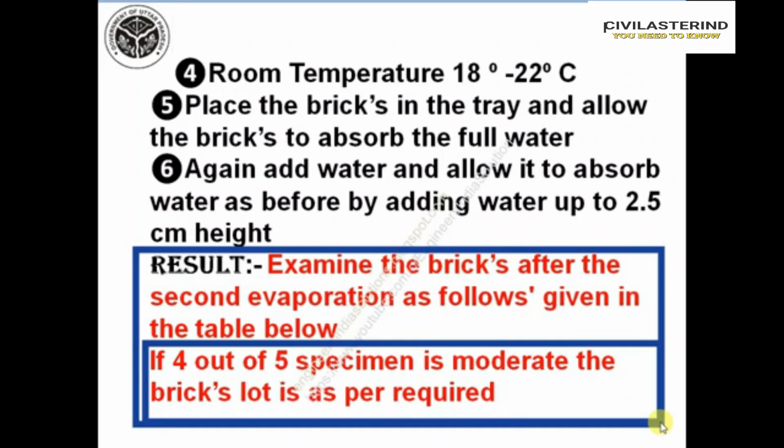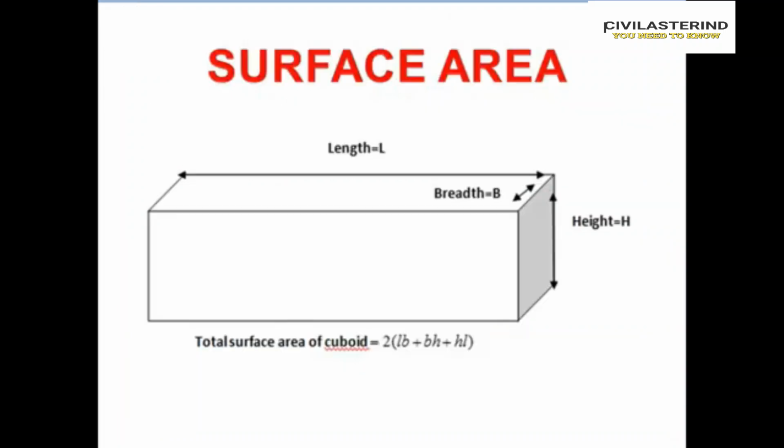Now I'll be explaining you about the surface area. So now coming to the surface area. Over here you can see that this is your length, and over here this is your breadth.